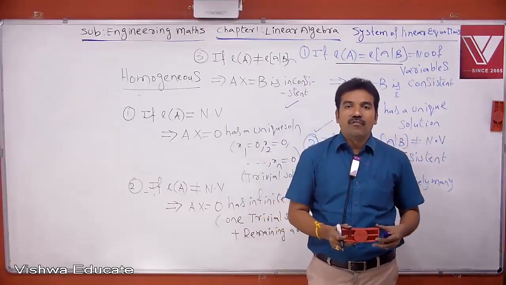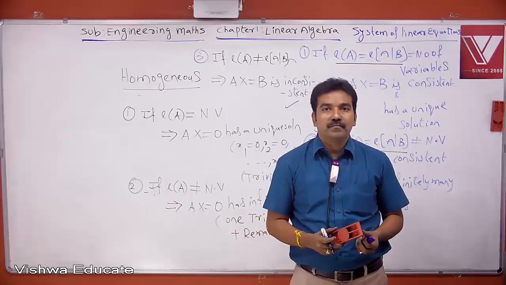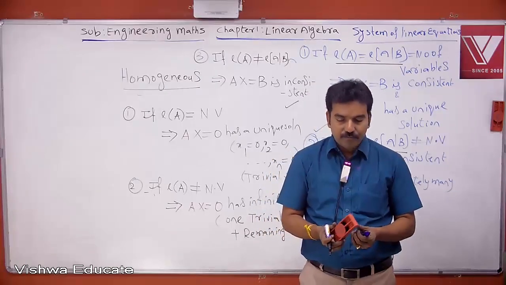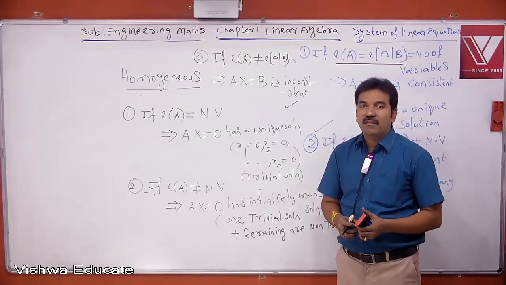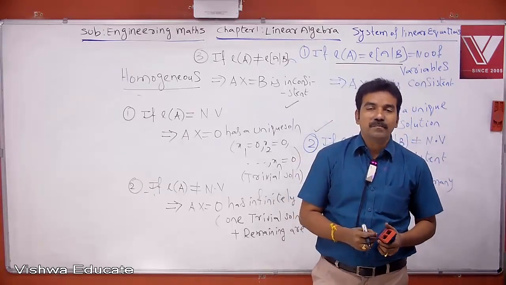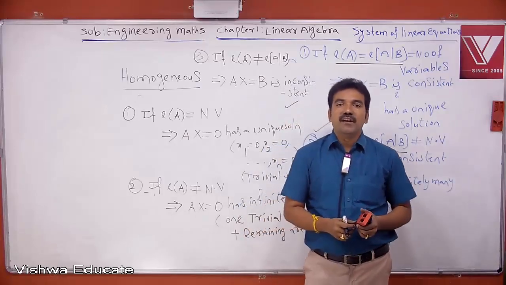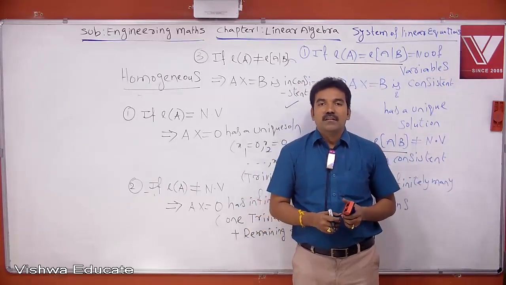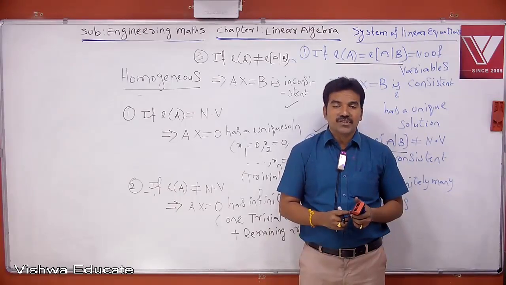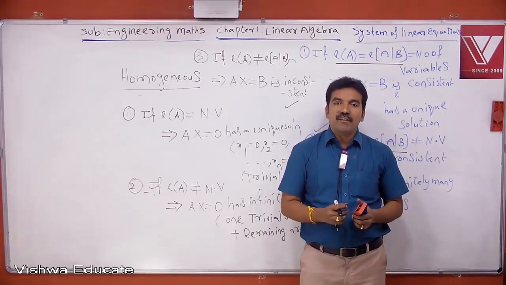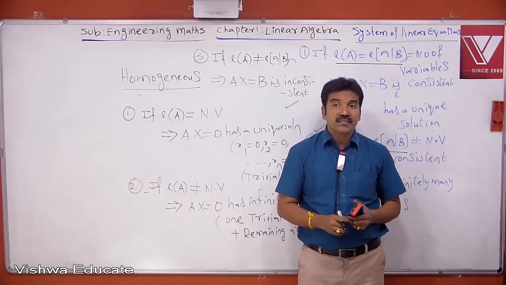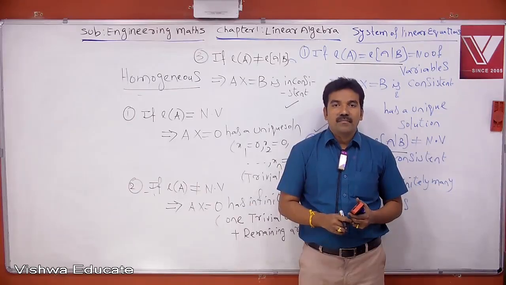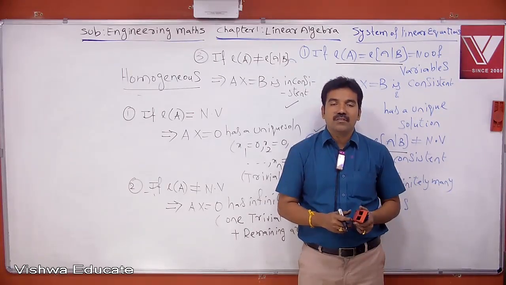If the RHS of every linear equation is 0, then it is called a homogeneous system.